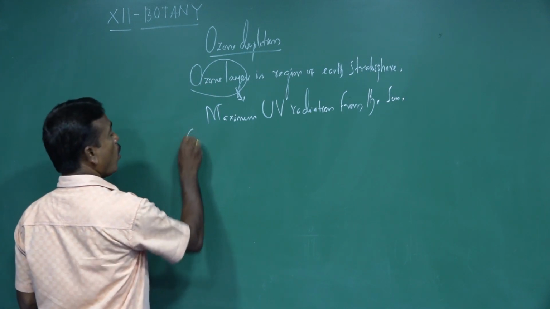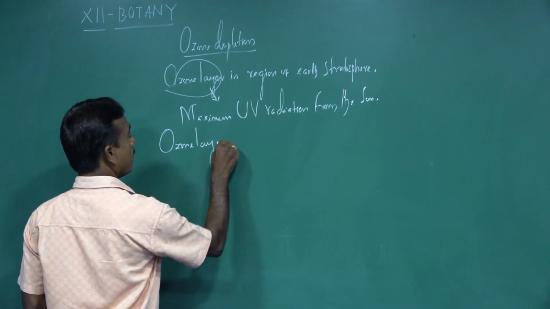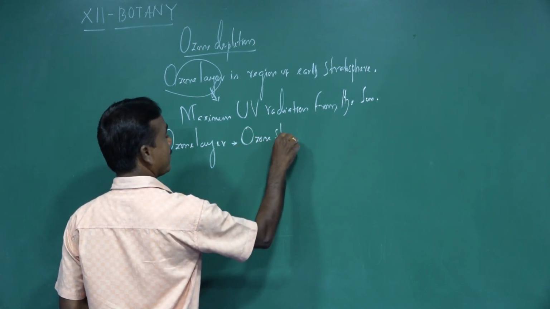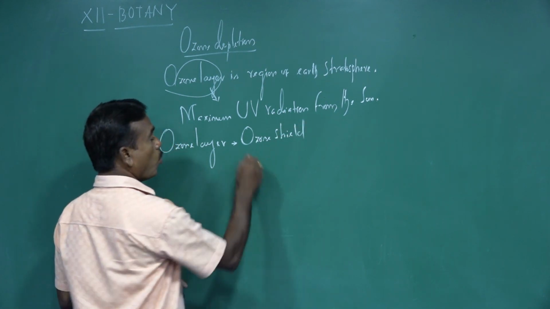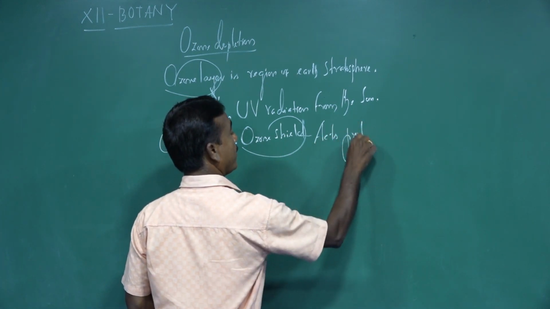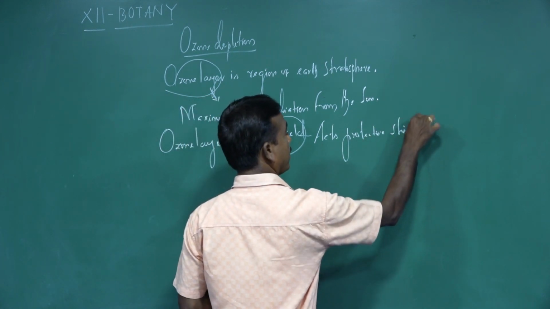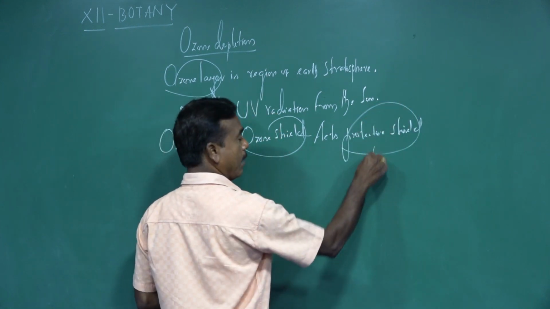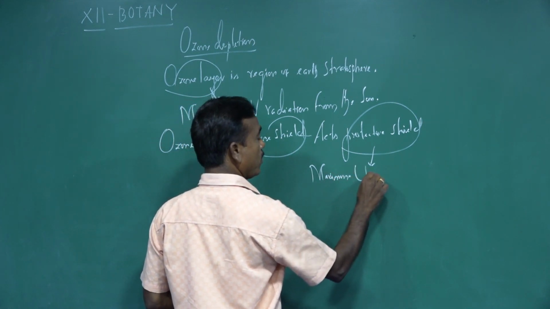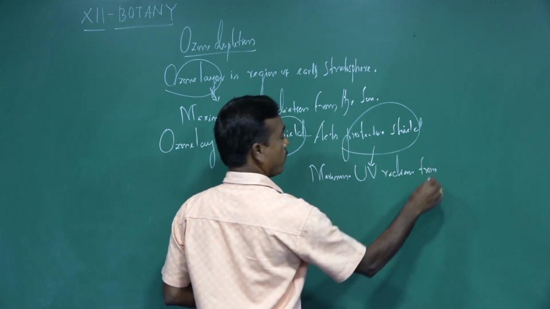In addition, the ozone layer is also known as the ozone shield. The ozone shield acts as a protective shield that absorbs maximum UV radiation from the sun.